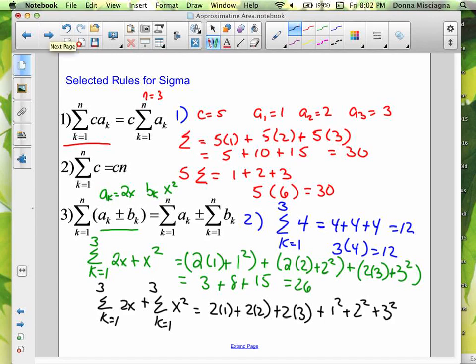And so that would be 2 plus 4 plus 6, so that's going to be 11. And then 1 plus 4 plus 9 is going to be, wait, did I add up somebody incorrectly? 9 and 4, 13, 14, oops, I think I forgot somebody here. 6, 4, 10, oops, 12.